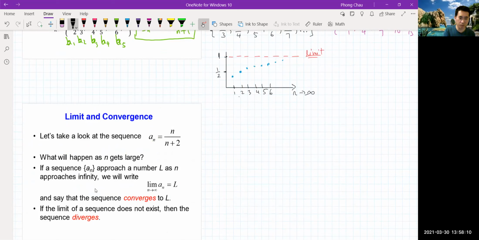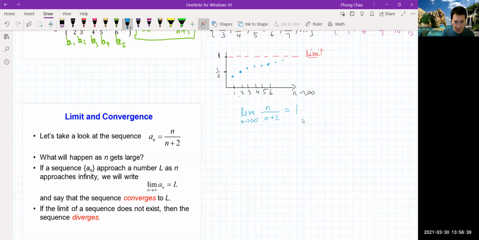Okay, so here's the terminology. In this case, we're going to write the limit of n over n plus 2 as n approaches infinity equals 1. You see, that's the same notation we use for functions. So we write the limit of the sequence as n approaches infinity equals 1.